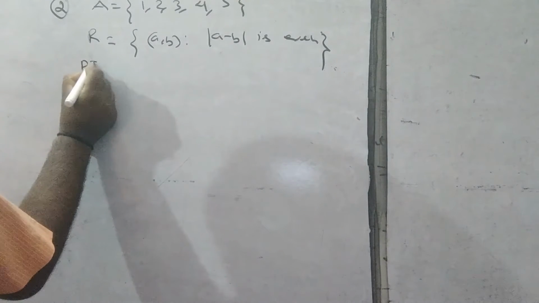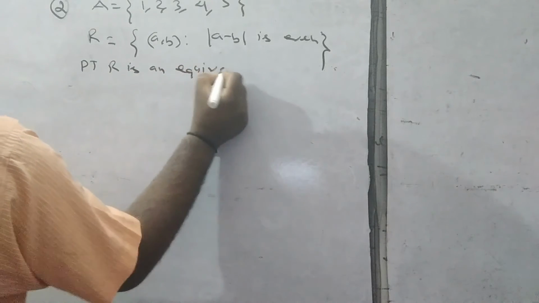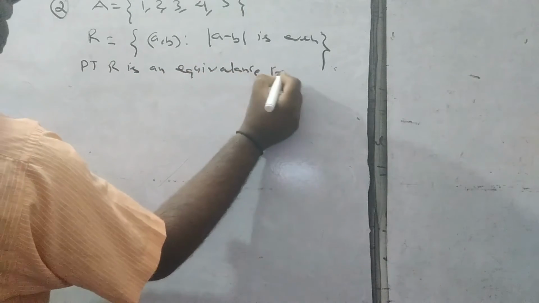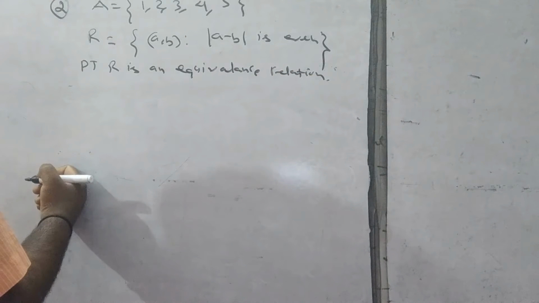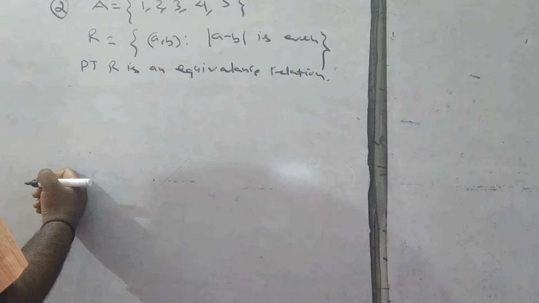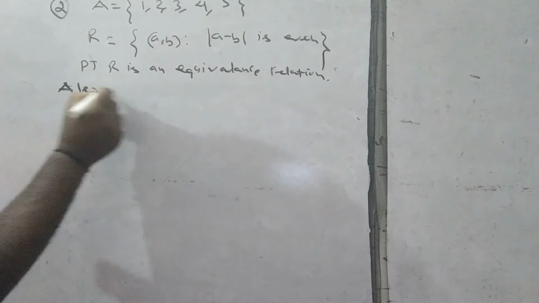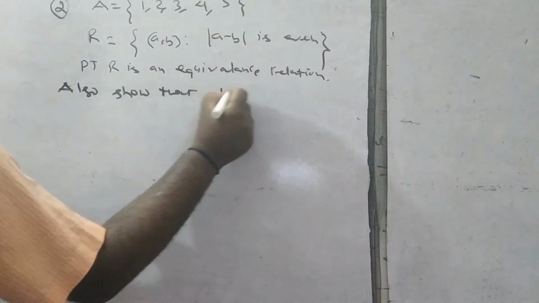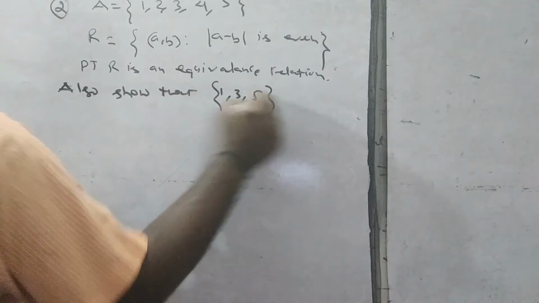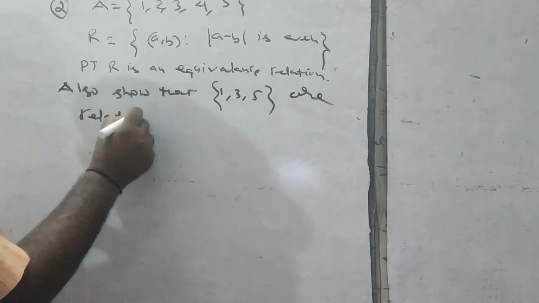Prove that R is an equivalence relation. This is the first part of the question. Also, show that 1, 3, 5 are related to each other.